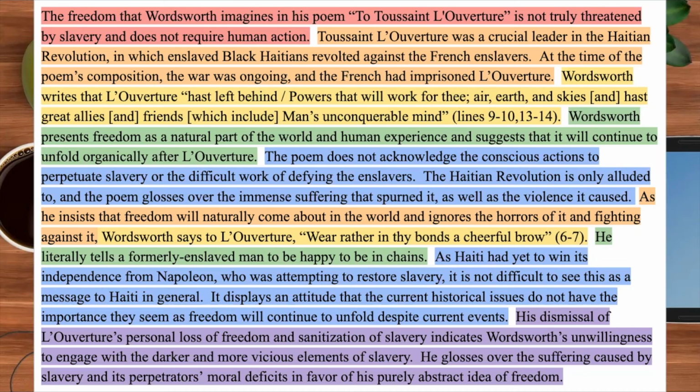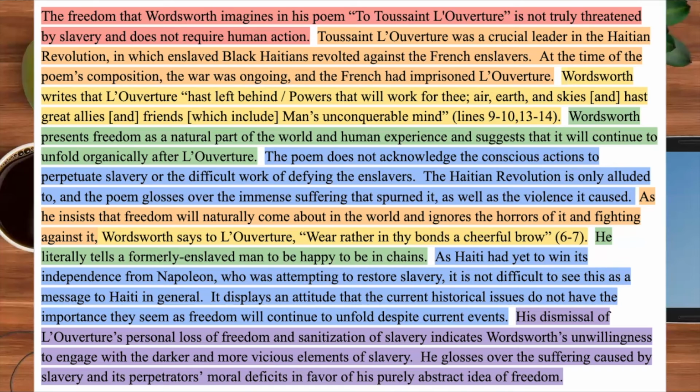Wordsworth presents freedom as a natural part of the world and human experience and suggests that it will continue to unfold organically after Louverture. The poem does not acknowledge the conscious actions to perpetuate slavery or the difficult work of defying the enslavers. The Haitian Revolution is only alluded to, and the poem glosses over the immense suffering that spurned it as well as the violence it caused.